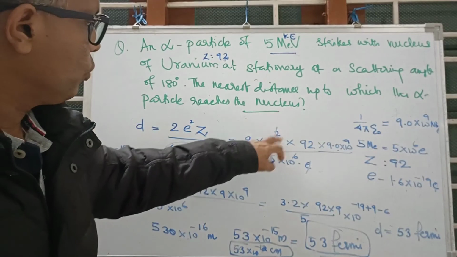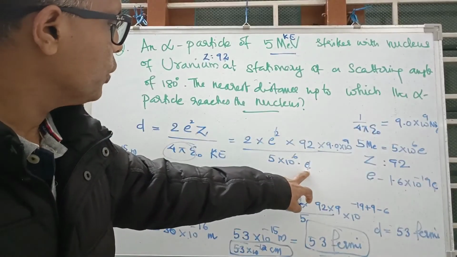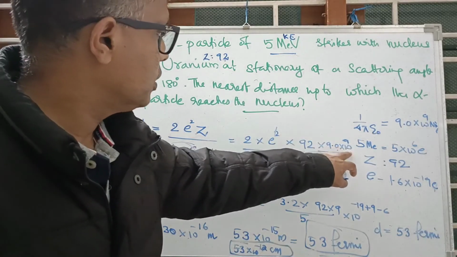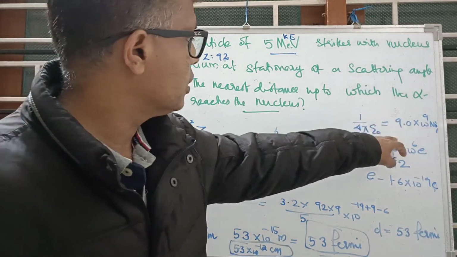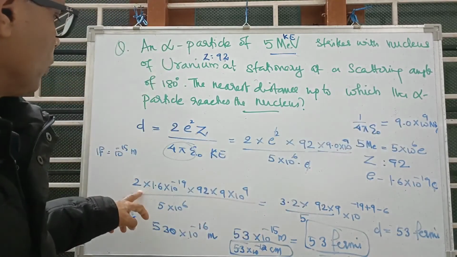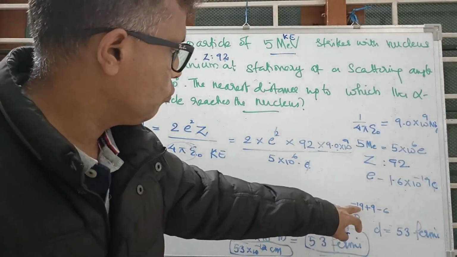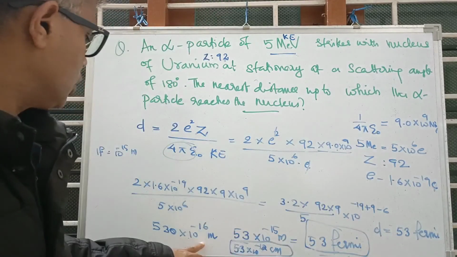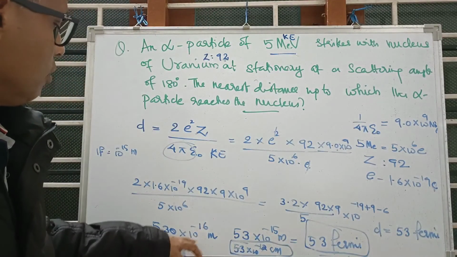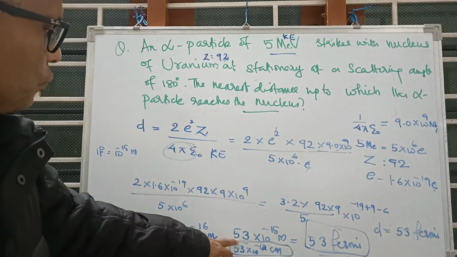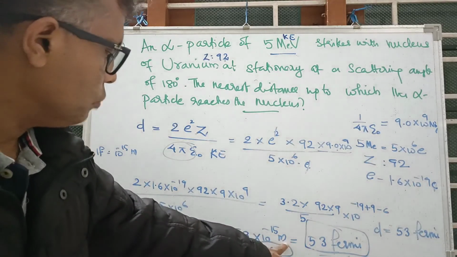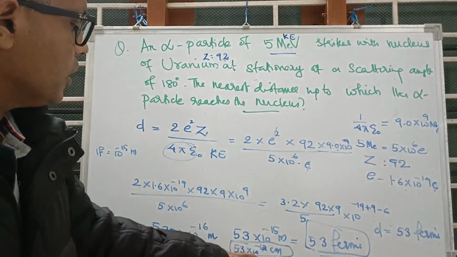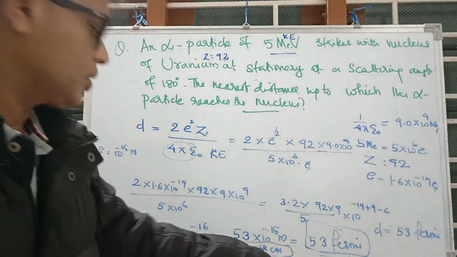In the 2 E square, one E is going to get cancelled, so only E is now remaining, 92 and 9 into 10 raised to 9. This is 1 by 4 pi epsilon 0. So again we are calculating: 10 raised to minus 19 plus 9 minus 6, so 10 raised to minus 16. 530 into 10 raised to minus 16 meters, so 53 into 10 raised to minus 15 meters. So it is 53 Fermi, or 5.3 into 10 raised to minus 12 centimeters.